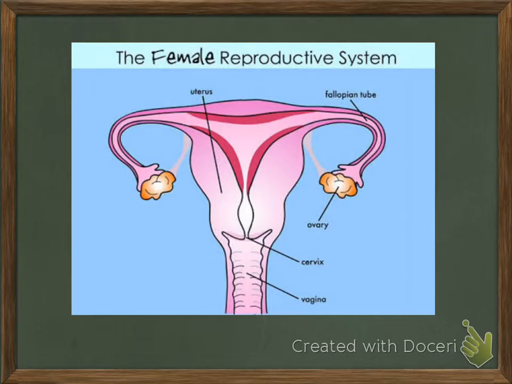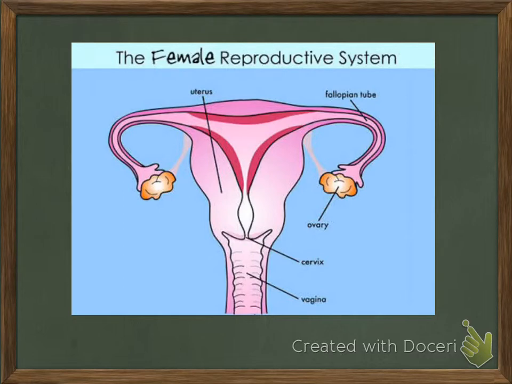So this is the female reproductive system. The female reproductive system contains uterus, fallopian tube, ovaries, cervix and vagina. Now we will know the functions of the following parts, which will give a clear idea about the female reproductive system.